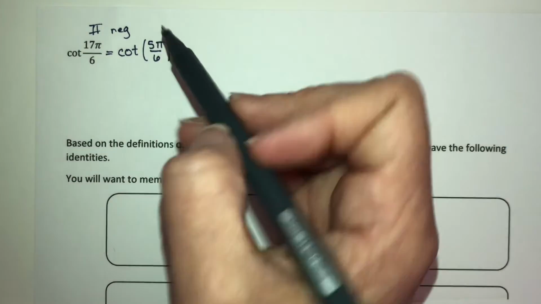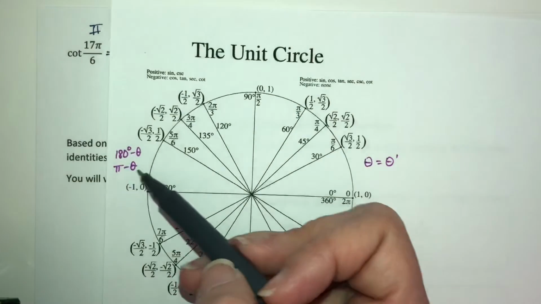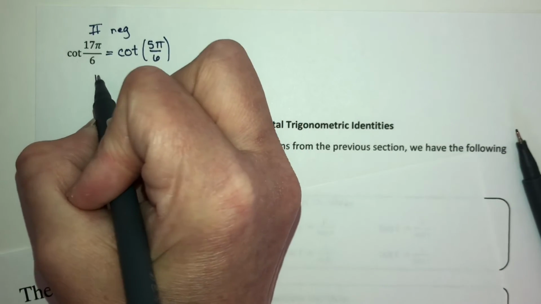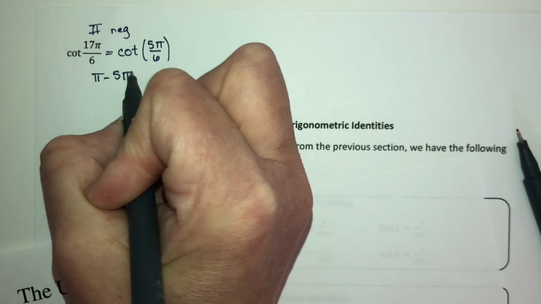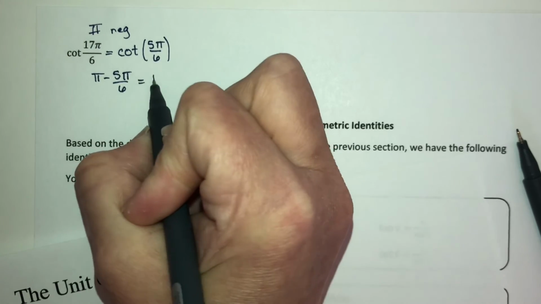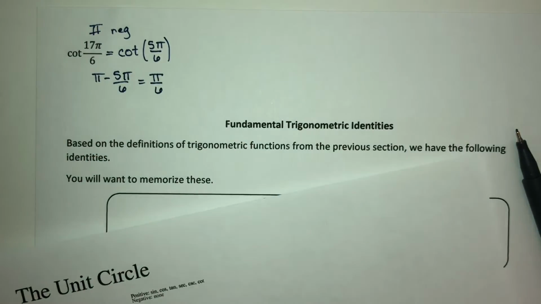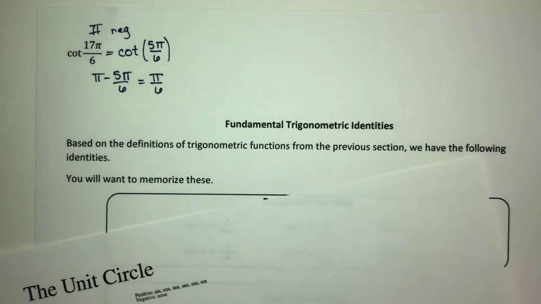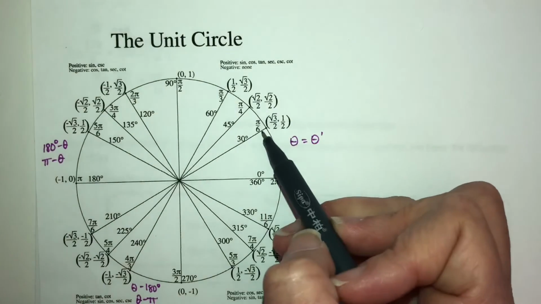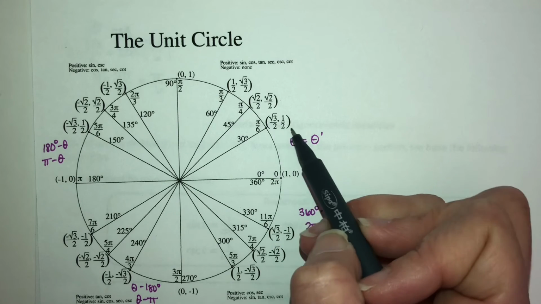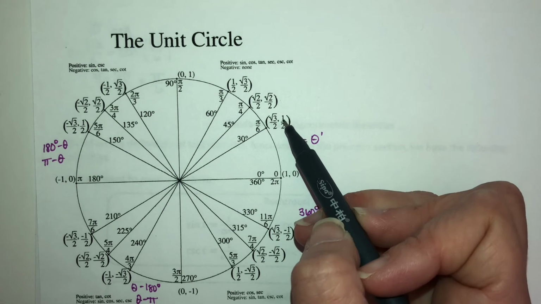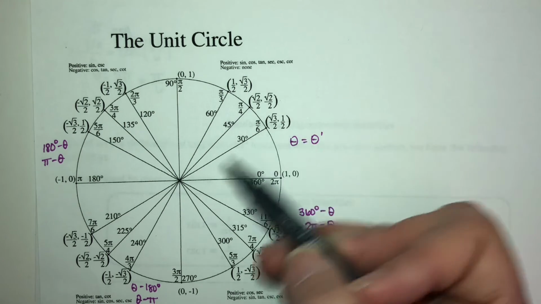Now I need to find the reference angle for 5π/6. In quadrant 2, you do π minus your angle. So π minus 5π/6 is the same thing as π/6. At π/6, which is right here, we have our x and our y values. We know that it doesn't matter for cotangent what our radius is.